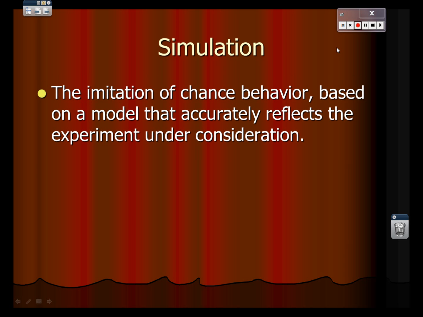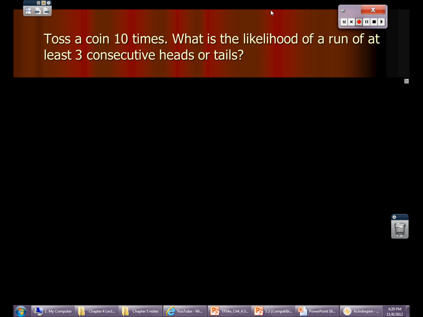So that's basically simulation. Just assigning outcomes to flipping a coin, rolling a die, picking numbers from a number generator, and so on. Let's say I'm interested in tossing a coin 10 times and finding out the likelihood of a run of at least 3 heads in a row or 3 tails in a row.